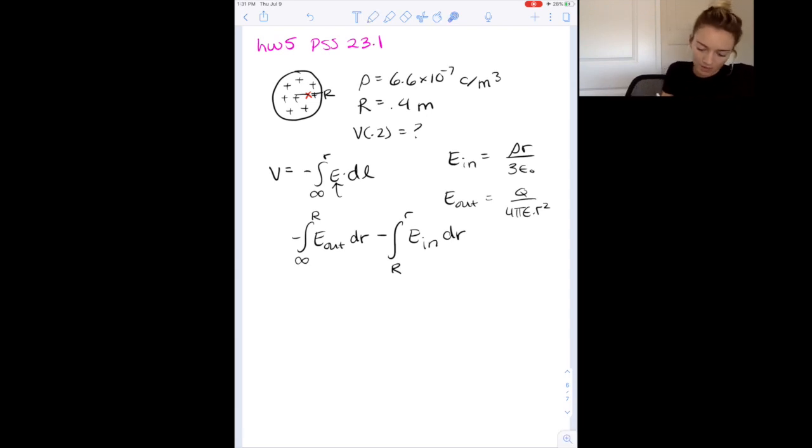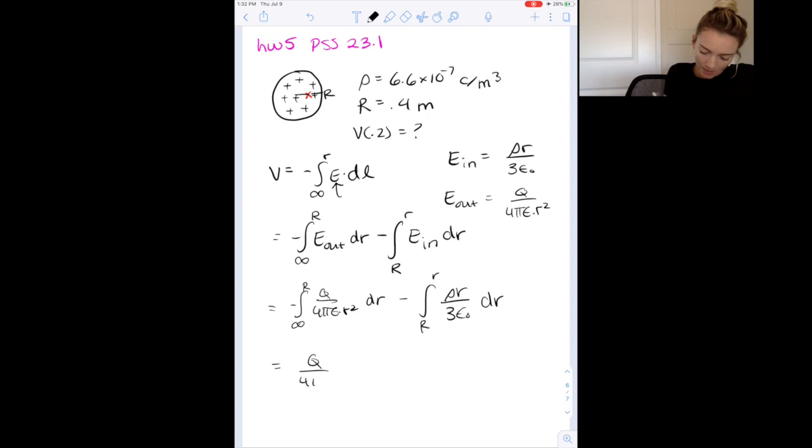Okay, so all we have to do is just plug this in. From infinity to R, we have Q over 4 pi epsilon naught r squared dr. And then from R to little r, we have rho r over 3 epsilon naught dr. Okay, so let's integrate this. We get Q over 4 pi epsilon naught R, which is the potential for a point charge.